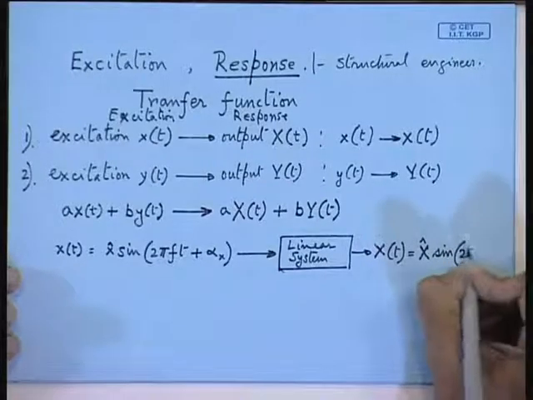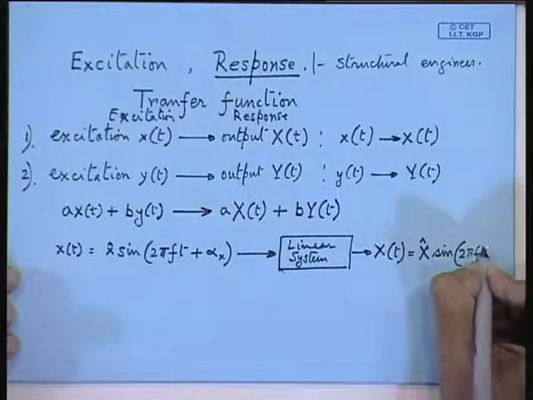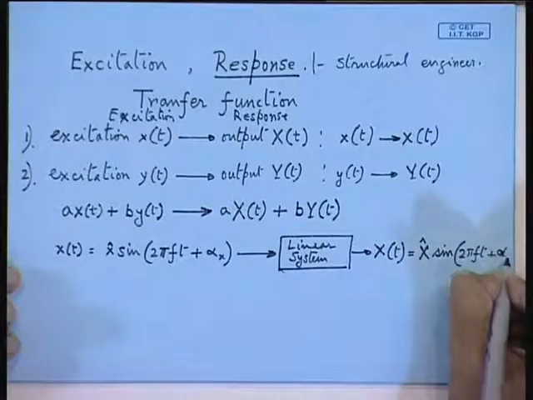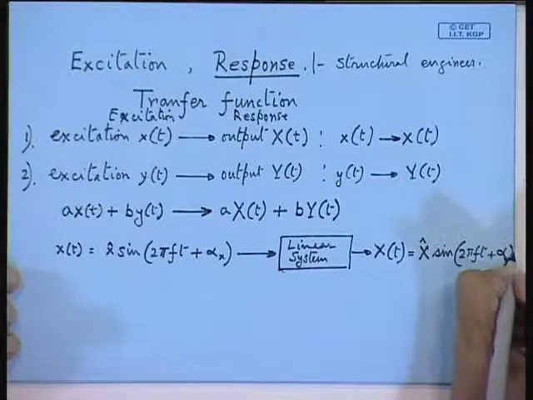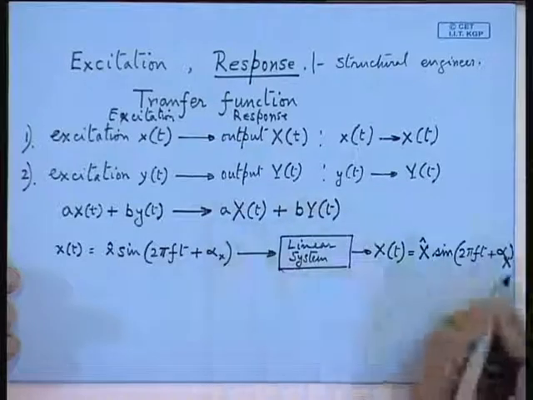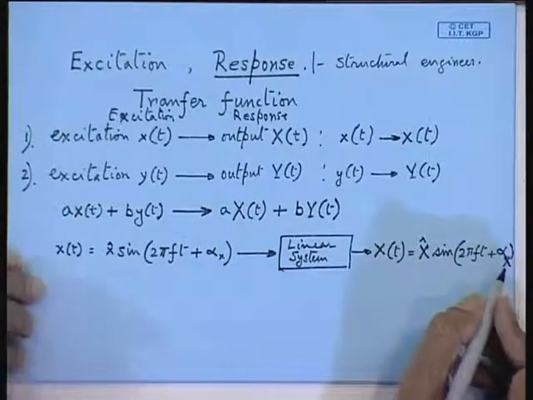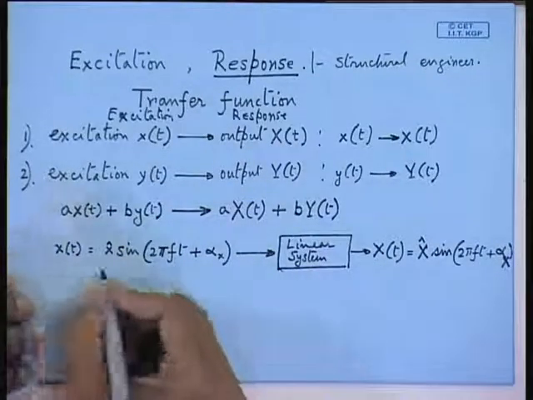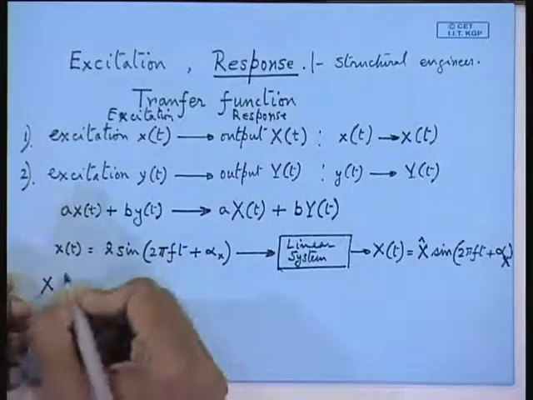So this is 2 pi f t, where f is your frequency, plus now there will be a change in the phase angle. So you write capital X of t.